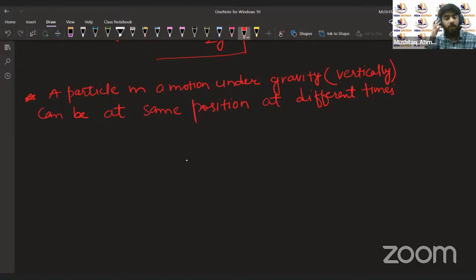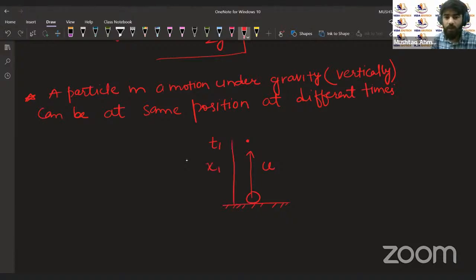If this particle can be at the same position at different times, it means that suppose we throw a particle vertically upwards with some velocity u, and at time t1 the particle is at position x1 from the ground.